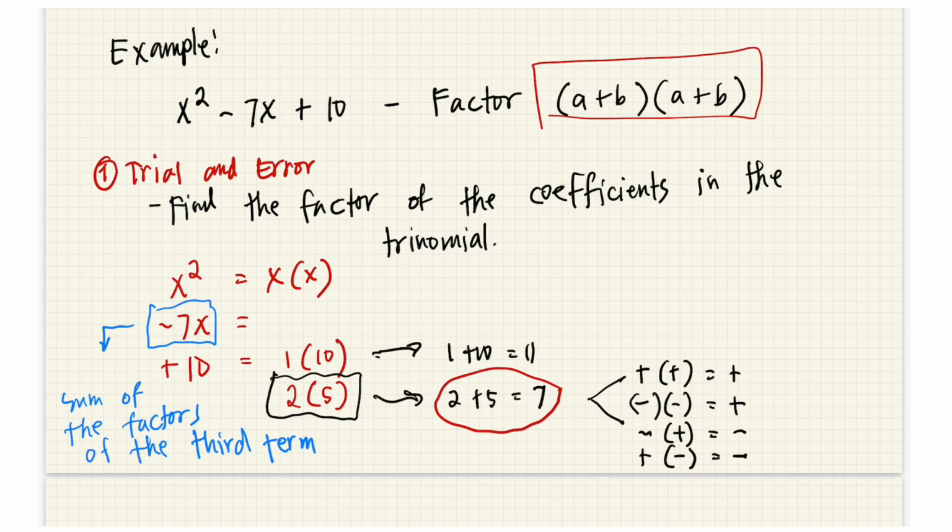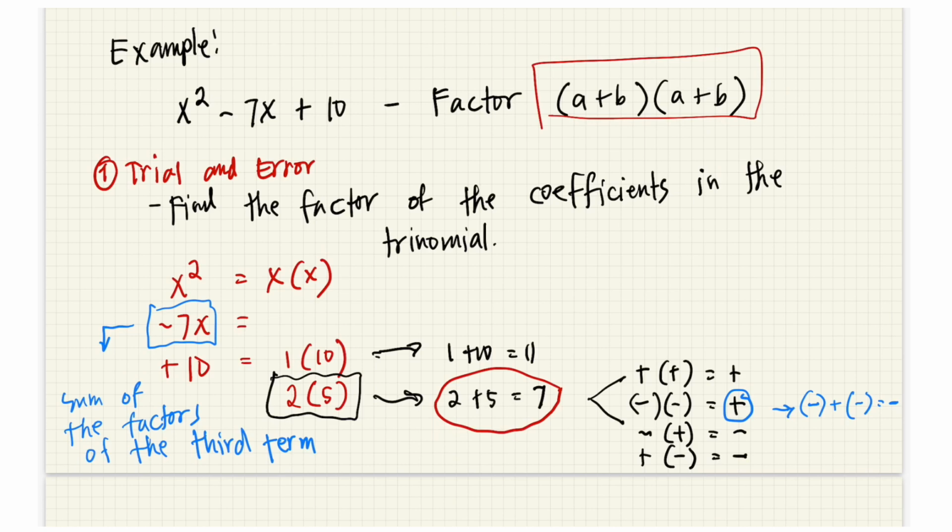So in this case, we have a negative 7x but a positive 10. Negative times negative gives us positive, and negative plus negative gives us negative.